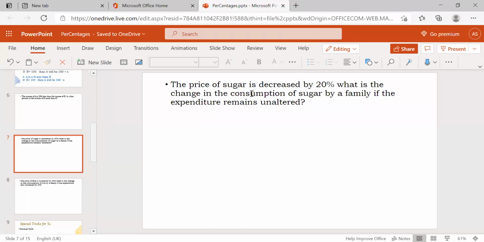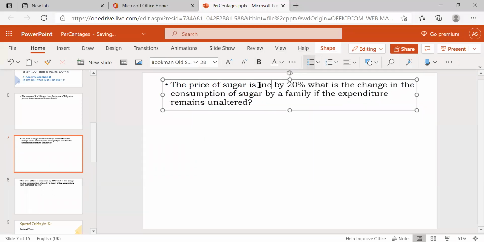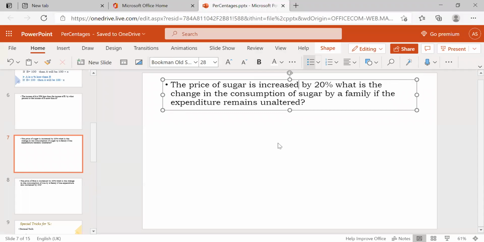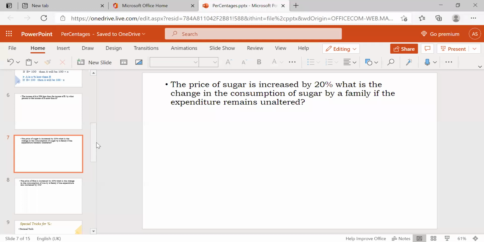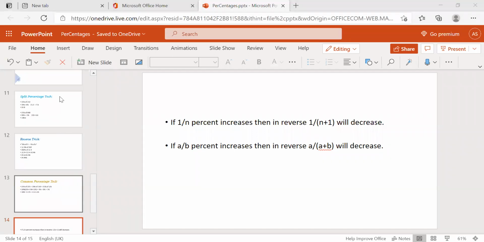What is the change in consumption? First we'll check with an increase. If it is increased by 20%, then according to the last note, if the percentage increases, then 1 by n plus 1 will decrease.